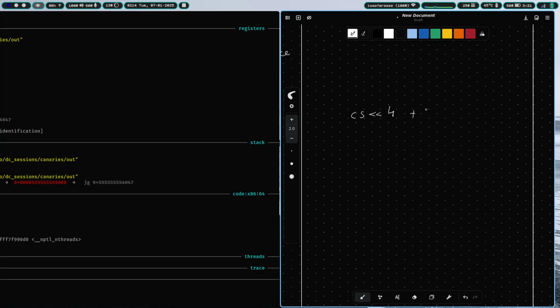For those of you who are not aware of the syntax, this is just a 4-bit shift. So you have 0b01 and then you shift it to the left 4 times. So it's basically equivalent to multiplying by 2 to the power of 4.